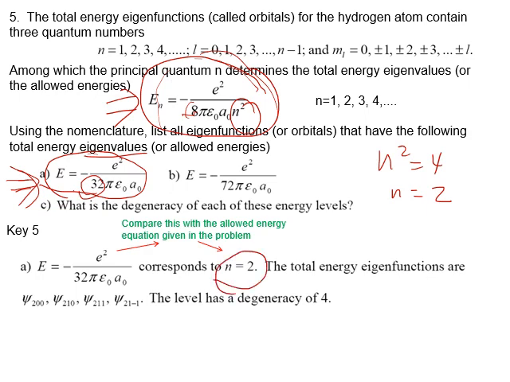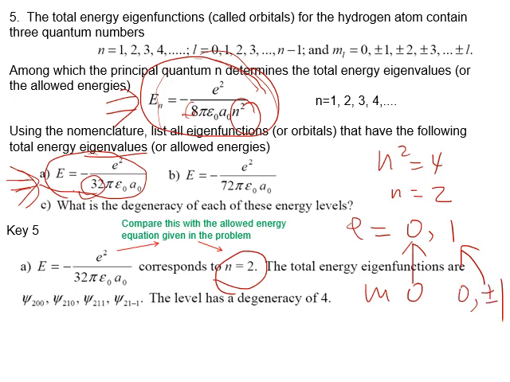So when the principal quantum number is 2, how many orbitals? The angular momentum quantum number can be 0 or 1; the maximum is n minus 1. When L equals 0, m can only be 0. When L equals 1, m can be 0, positive 1, or negative 1.